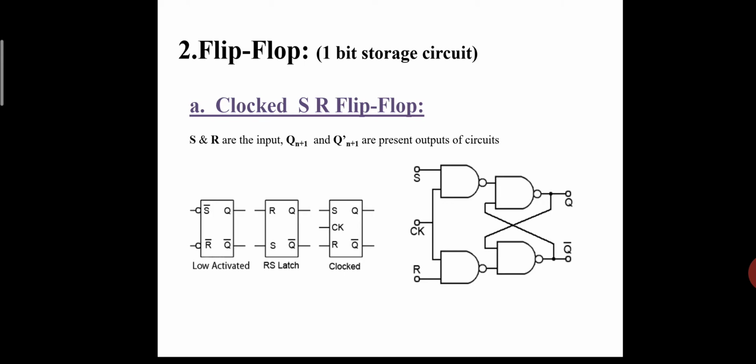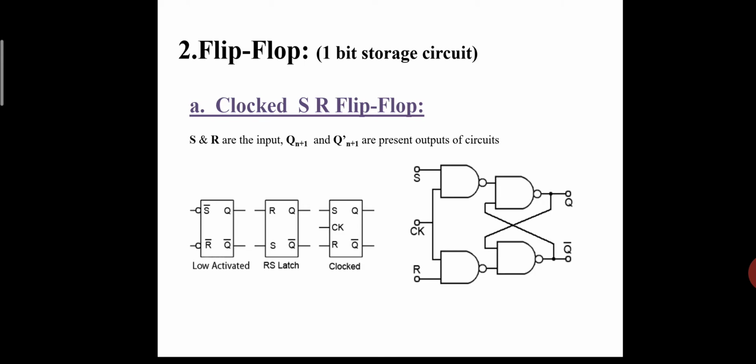So here, in order to feed the clock pulse, we use one set of NAND gates before the SR latch. The purpose of the SR latch is to store the bit of information that is passed to the outputs.